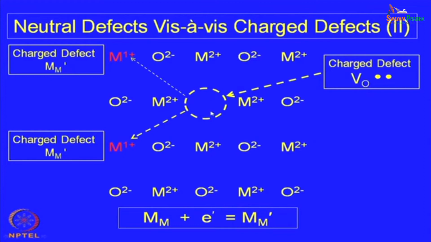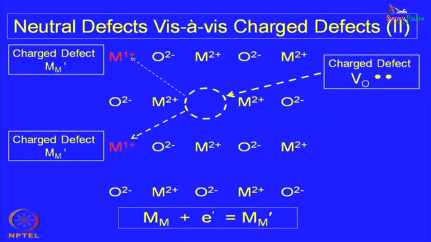So, creation of oxygen vacancy has released two electrons, and these two electrons have been accepted by two different cations present in the original lattice, and they have changed their valency from 2 plus to 1 plus, and that can be written as M at M site with one less positive charge, since less positive charge can also be written as negative charge, effective negative charge.